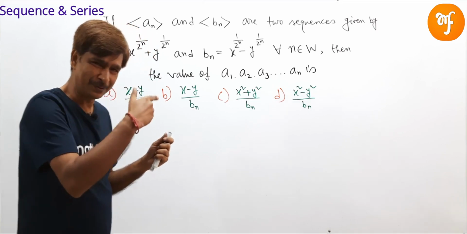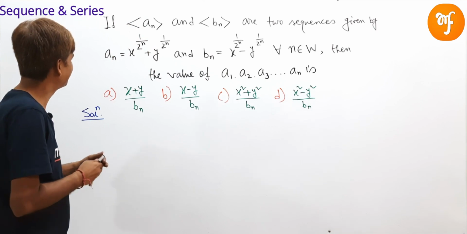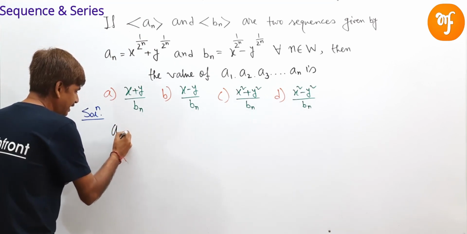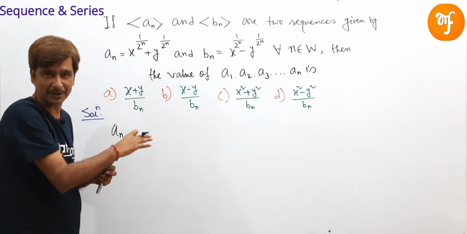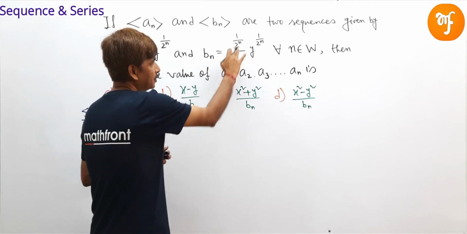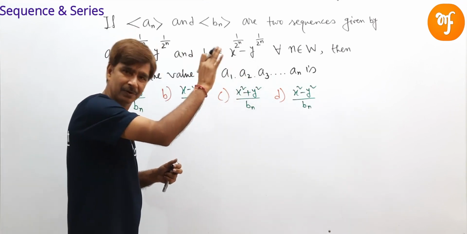So let's have a look at the solution. We have an as x to the power 1 by 2 to the power n plus y to the power 1 by 2 to the power n, and bn as x to the power 1 by 2 to the power n minus y to the power 1 by 2 to the power n.